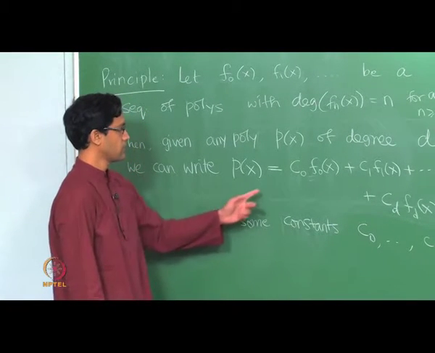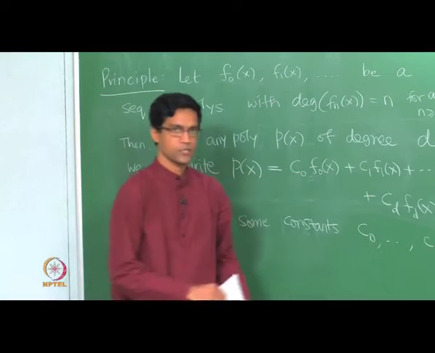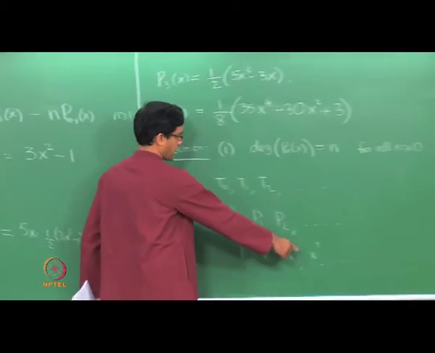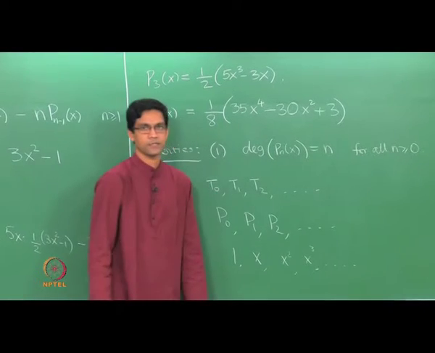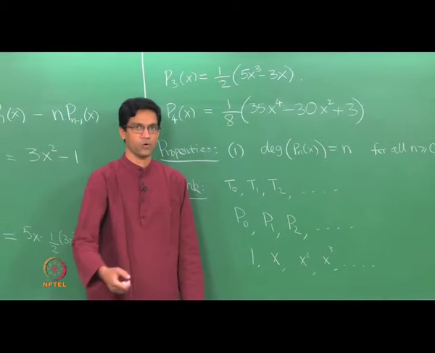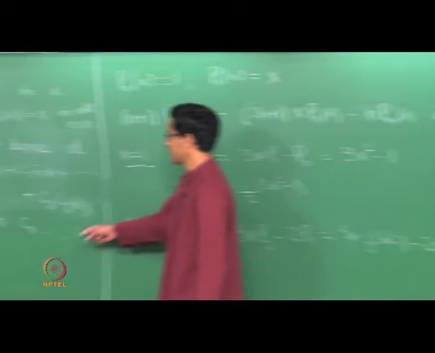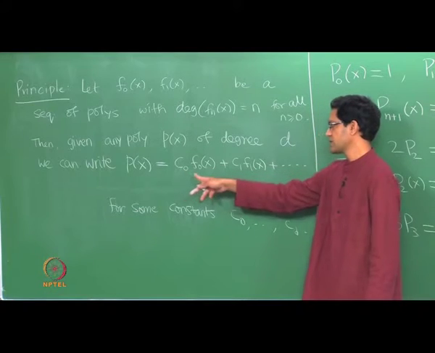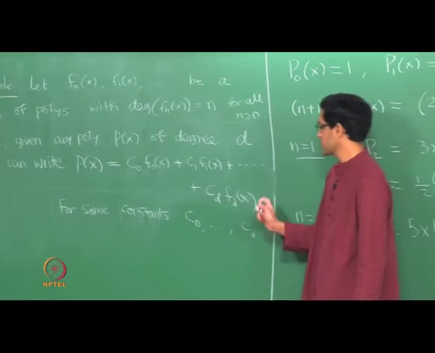So observe, if I apply this principle to the last series that we wrote down, the polynomials 1, x, x squared, x cubed and so on, think of these as being the f0, f1, f2, then this principle just says that a polynomial of degree d can be written as some constant times 1 plus some constant times x plus some constant times x squared and so on.